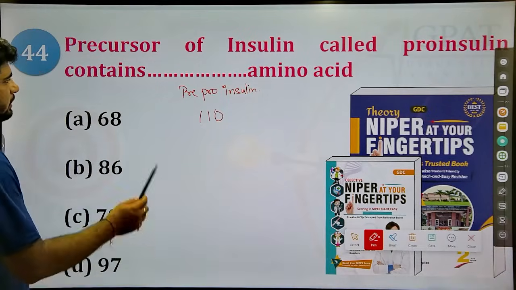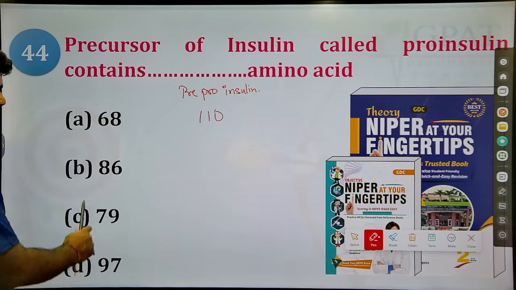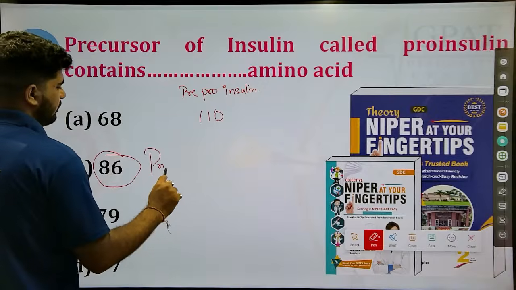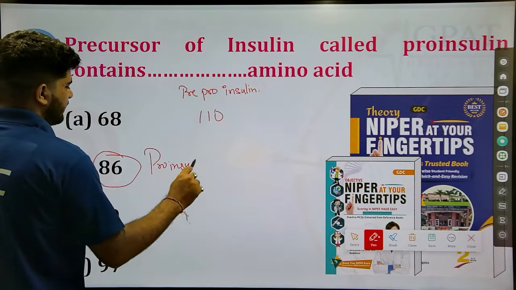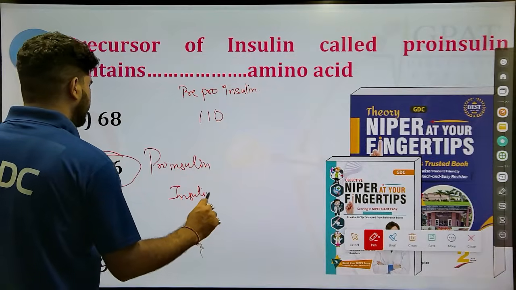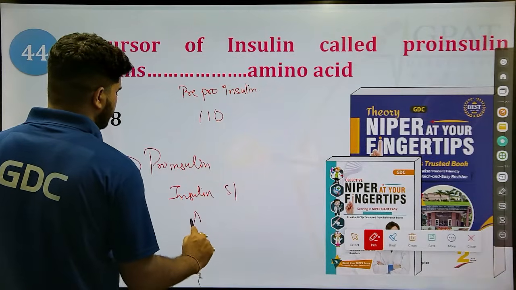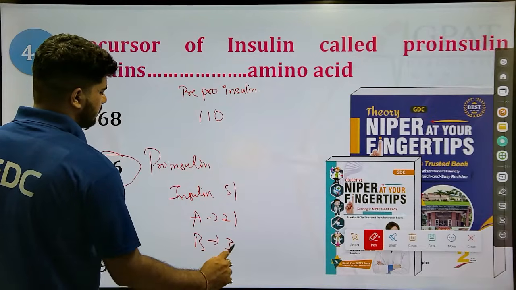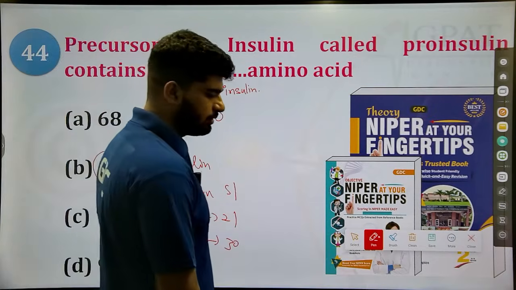After that, proinsulin will be 86, and the insulin would be 51, out of which A chain has 21 and B chain has 30. So this you have to remember.